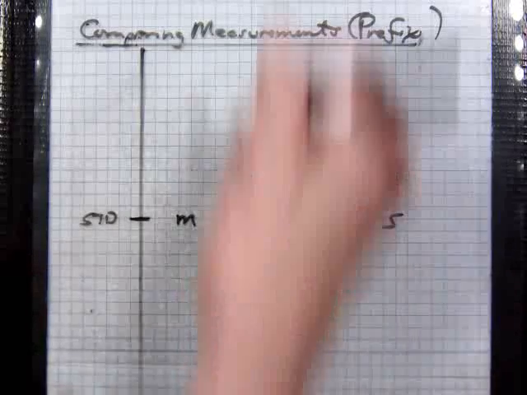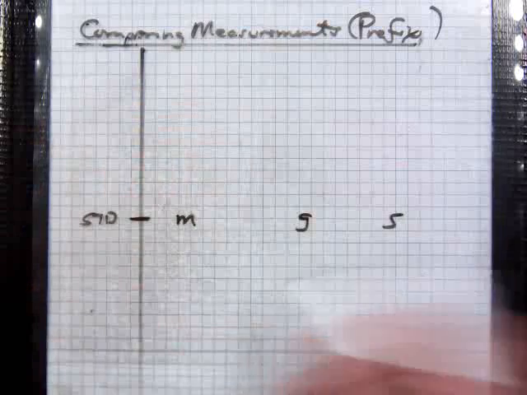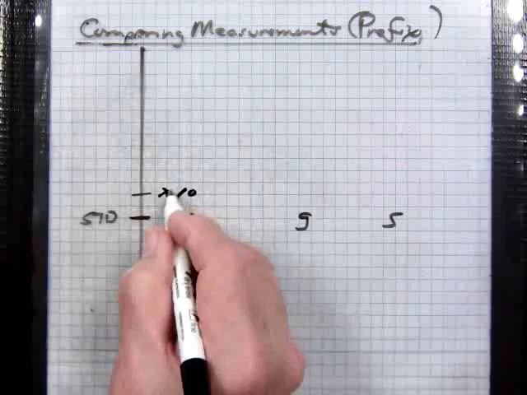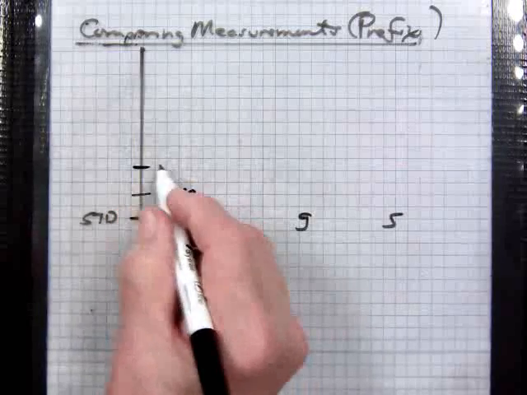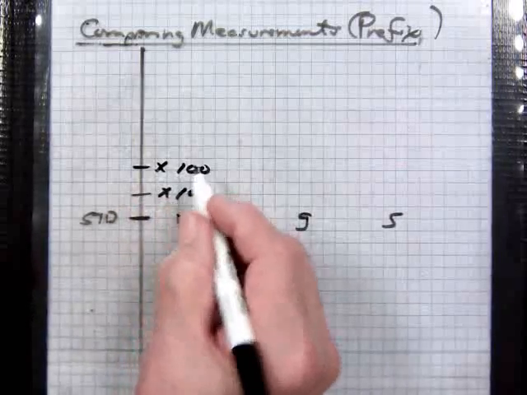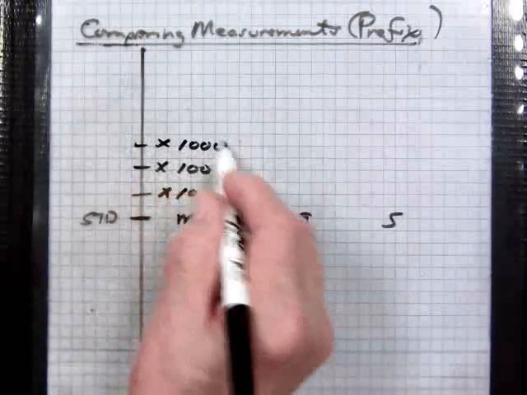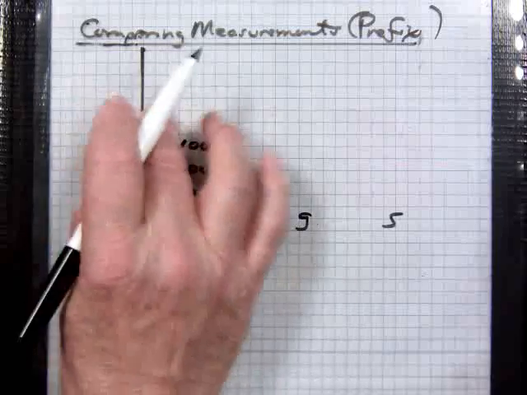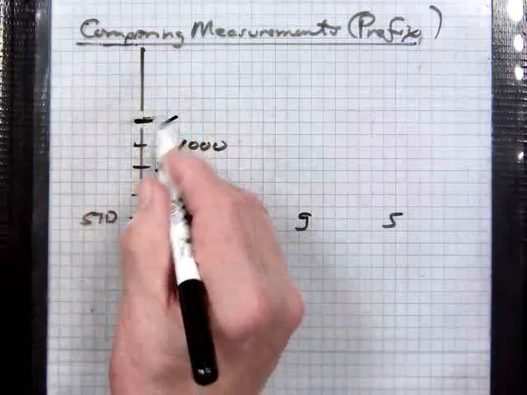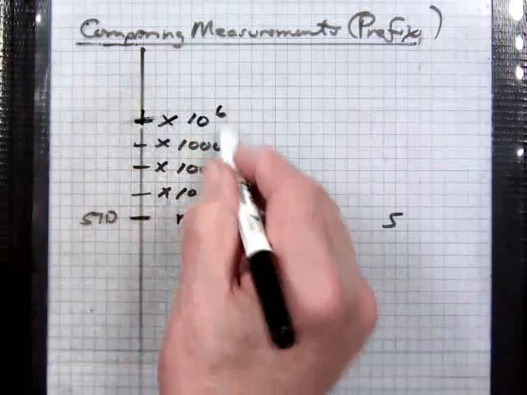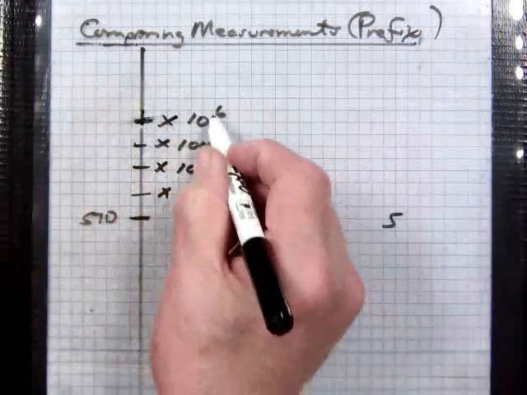So for multiples of the standard, we'll have something like times 10 or times 100, and say, times 1,000, and times 1,000,000. And they don't have any between 1,000 and 1,000,000.